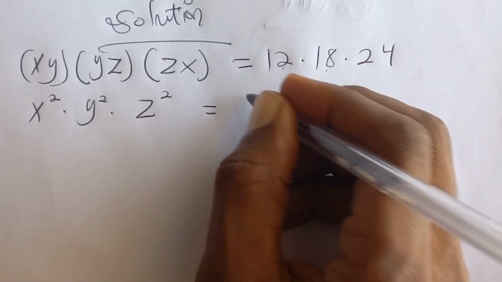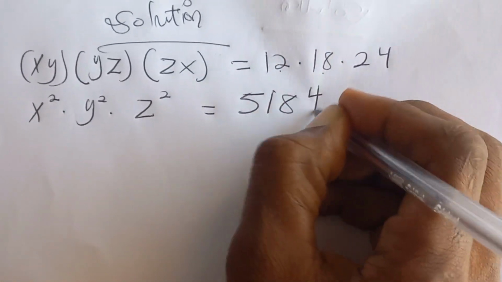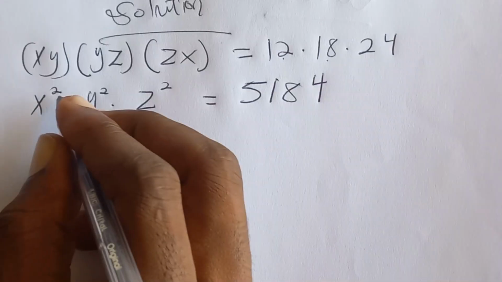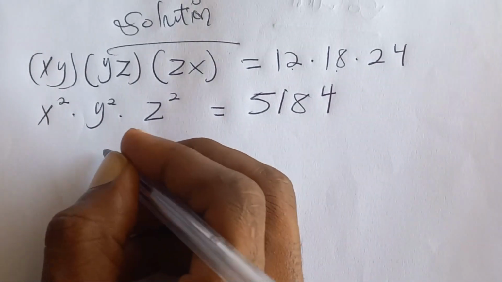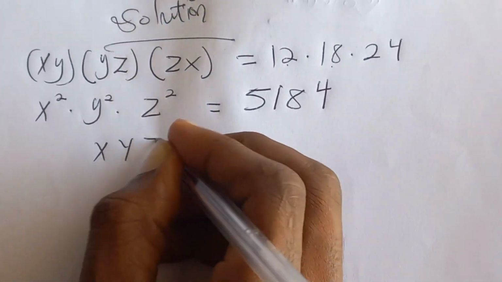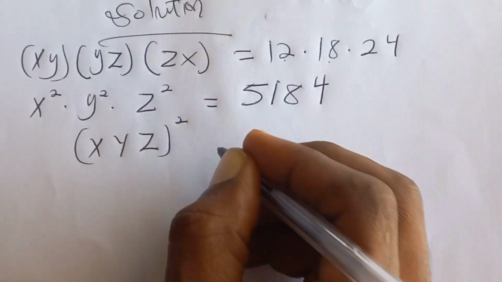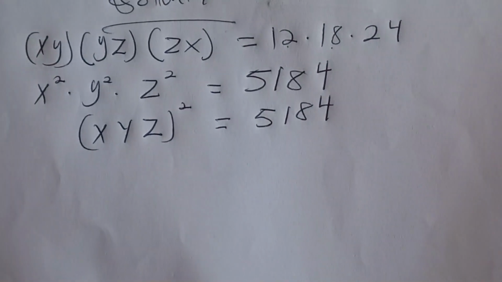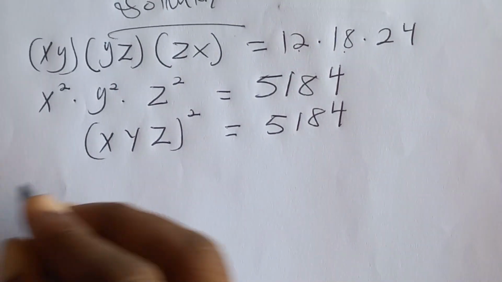We are getting 5,184. So in algebra, x squared, y squared, z squared, we can rewrite as (xyz) all squared, which is equal to 5,184. With this, you can take the square root on both sides.